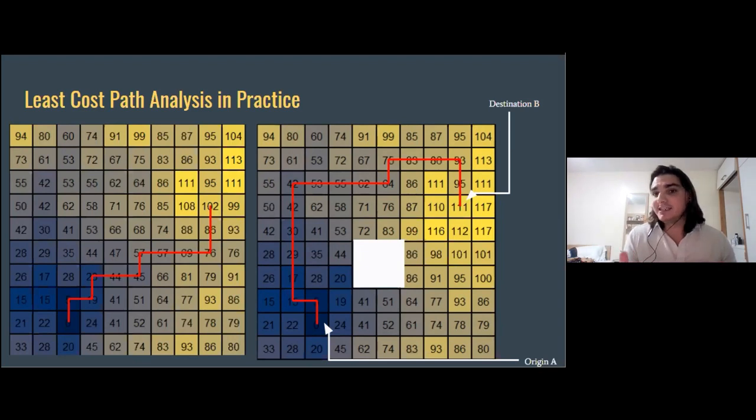This makes sense as the inclusion of a barrier makes going south more costly than moving northwards from the destination. So for example, from here, rather than going south, which costs 112, so it'd be an increase, we obviously want to decrease our cumulative cost. So we go north to 95, 93, 86, and so on.